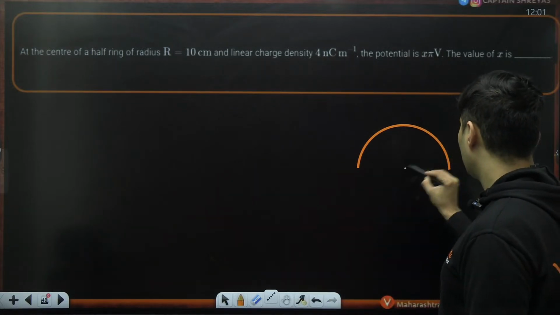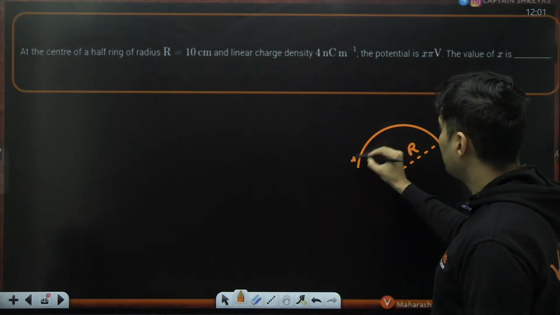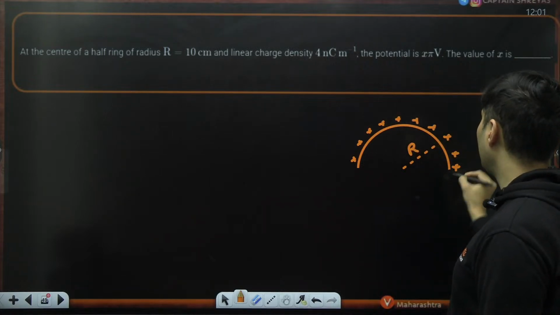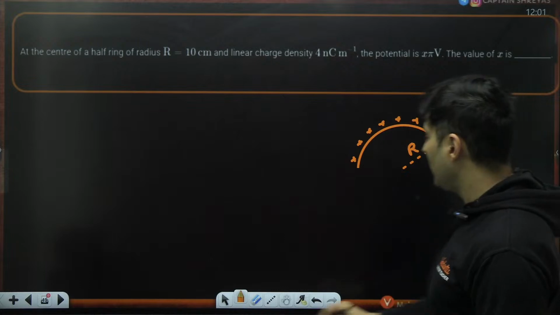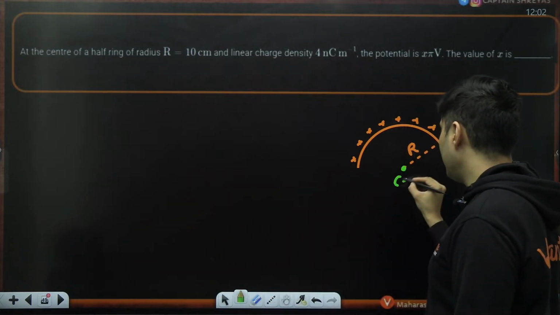So the radius is given, let's say R, and the charges are there everywhere. And the question is, what is the potential at the center? You have to find the potential over here at the center.